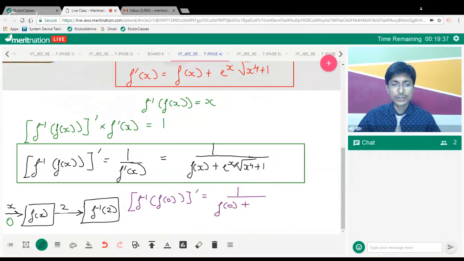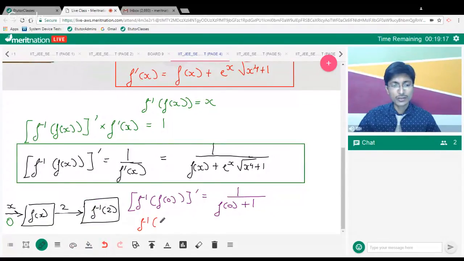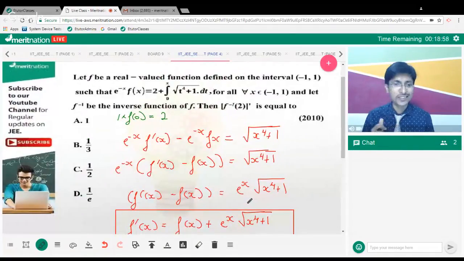So e raised to the power 0 is 1, 1 into 0 plus 1 under root, that will again be 1. Now what is f(0)? Guys, f(0) is 2. So what I'll end up getting is f inverse 2 dash is equals to, f(0) is 2, so 1 upon 2 plus 1. So that is 1 by 3.